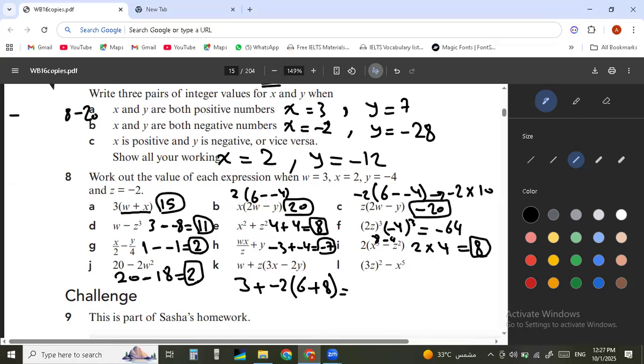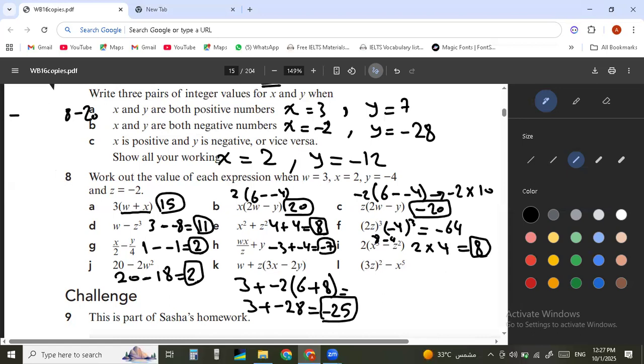Equals, here we agree the w is 3, so it's 3 plus -2 times 14, which is -28. 3 minus positive negative, it means minus, so 3 minus 28 is -25. -25. Good?